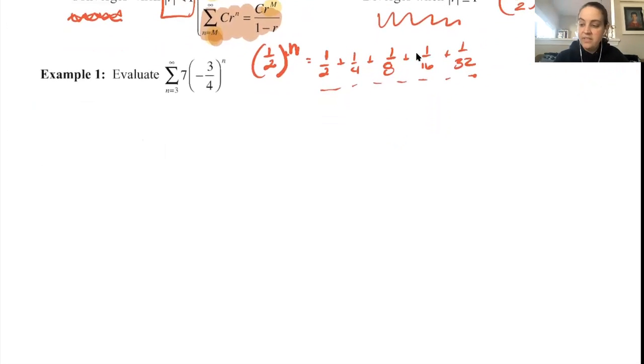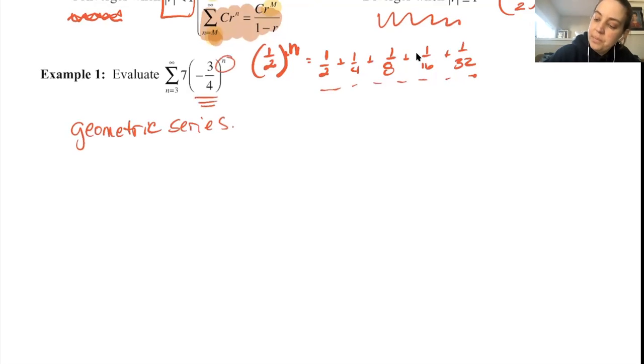So example 1, let's evaluate the sum of 7 times -3/4 to the n, where we're going from 3 to infinity here. Okay, so it's a geometric series. You want to be able to start to identify these because we'll have different kinds of series. I know that it's geometric because I have this fraction raised to an exponent.